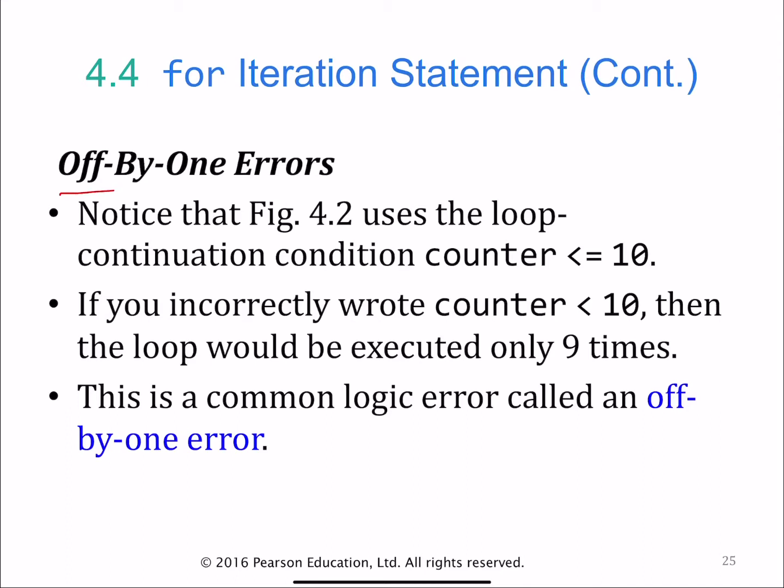This is called an off by one error. Oftentimes, the reason will be that something that should have been less than or equal to 10 in the continuation condition, maybe you put in just a less than 10 condition, and that will change the number of times your loop will run by 1.